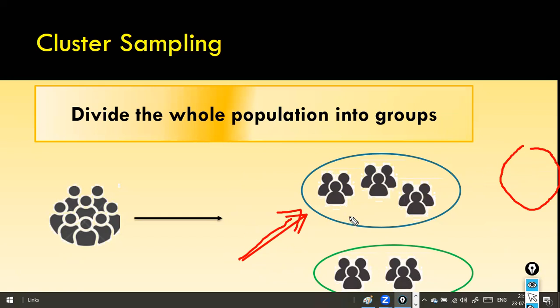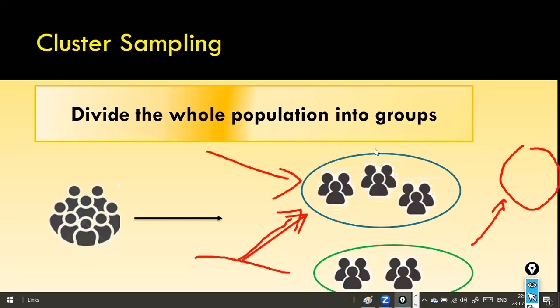I may randomly select Mylapore. Then you run a survey, or collect data from all students in this cluster. In Mylapore, you collect data from all the students studying in all the schools.